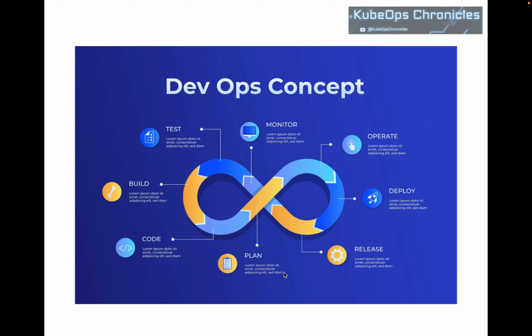Okay, so let's talk about what a DevOps engineer actually does day to day. They write infrastructure as code. They use Terraform, especially, we majorly use Terraform to write code.